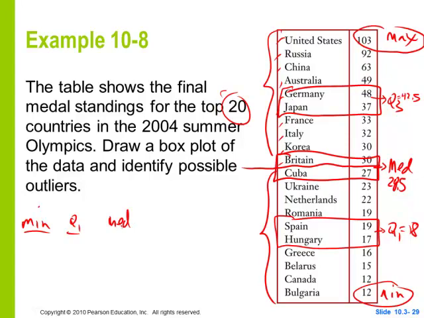What we really need is just Q1 and Q3 to talk about outliers. So we have 12 for the min, 18 for Q1, 28.5 for median, 42.5, and 103.